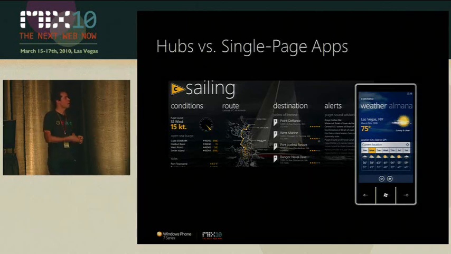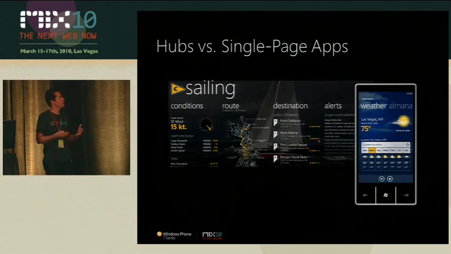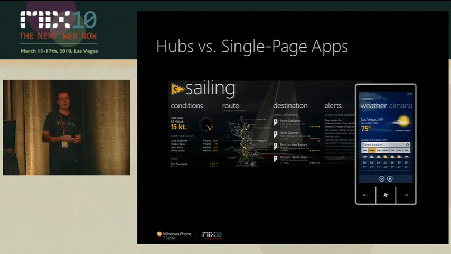But on the right-hand side, you can see a weather application. The weather application is a fairly standard weather application. There is not too much data. Why build the entire experience as a hub when it just works perfectly as a single-page application? So when you are building your applications, think about: do I want to make it a hub, or can it be a simple single-page application?